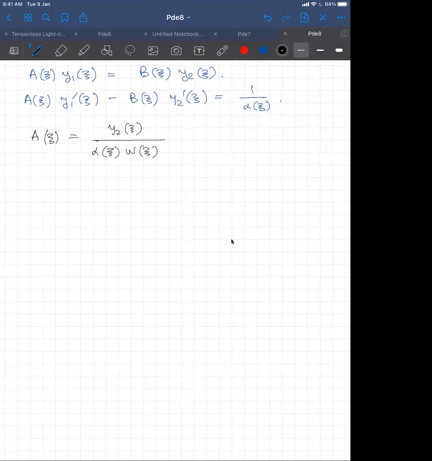We'll just define w, and B of psi is equal to y1 of psi divided by alpha of psi w of psi. W is defined as y1 y2 primed minus y2 y1 primed. This is also called the Wronskian.